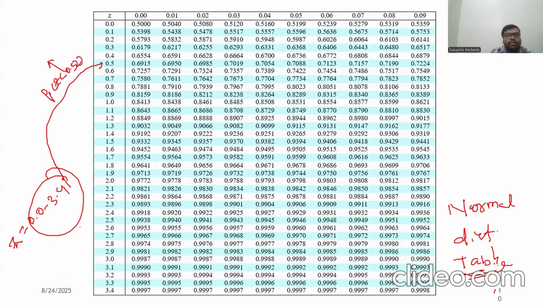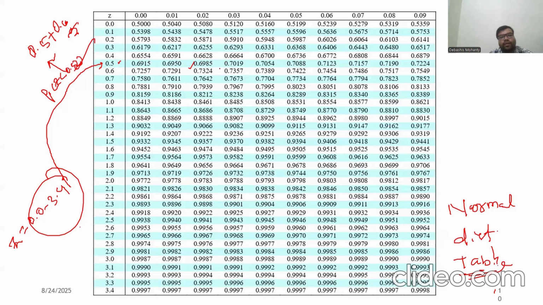How do we calculate this? We take 0.5 plus 0.02 using this table. 0.5 is already there, and you need to see what the value of 0.02 is. That is 0.6985.